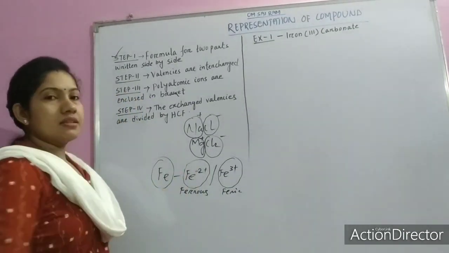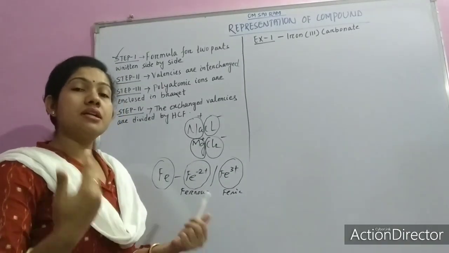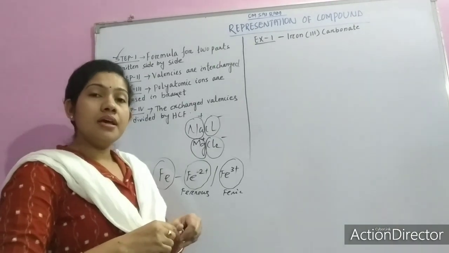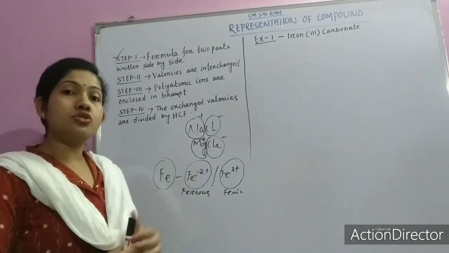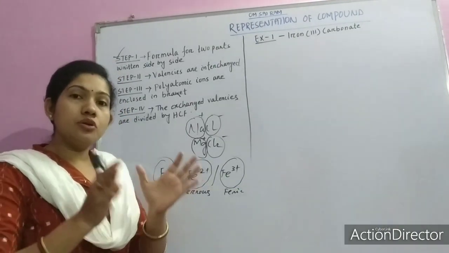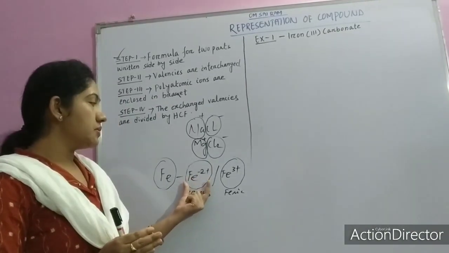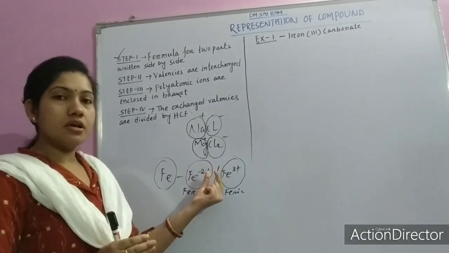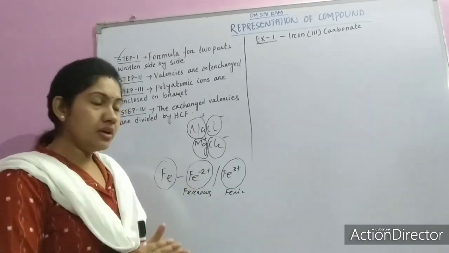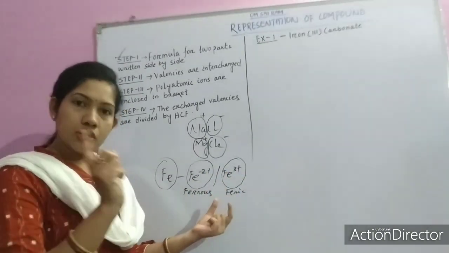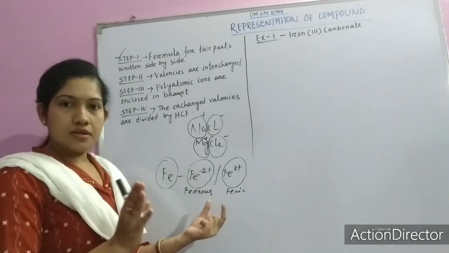So iron has multiple ionic states. Sometimes it can lose 2 electrons and sometimes it can lose 3 electrons. When it loses 2 electrons, it is represented as iron 2+. When it loses 3 electrons, it is represented as 3+. We have already discussed this in our last video.